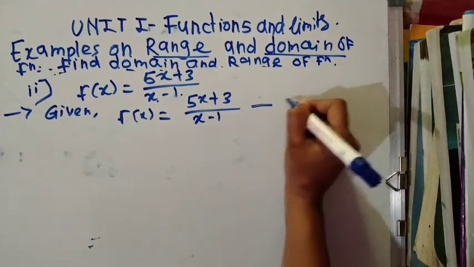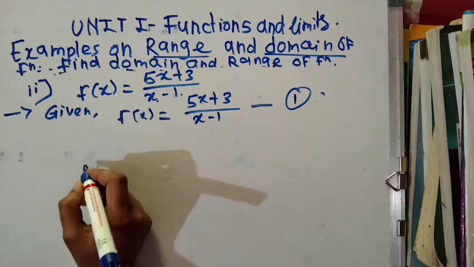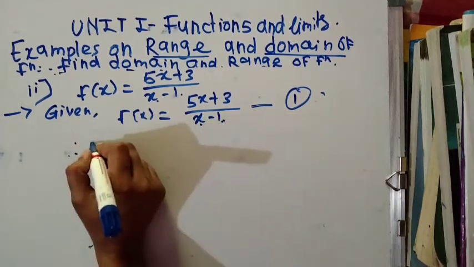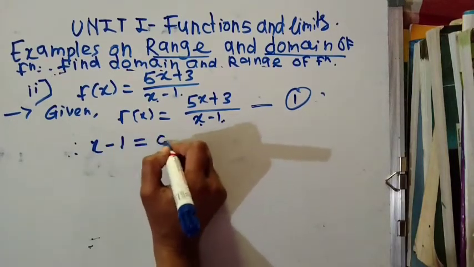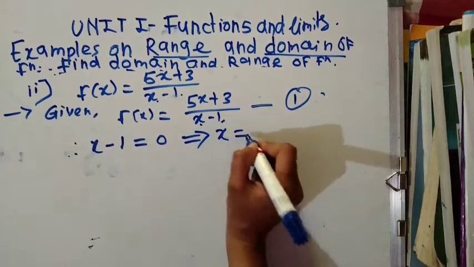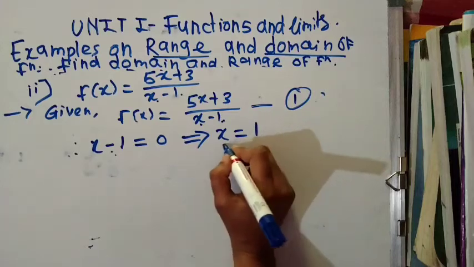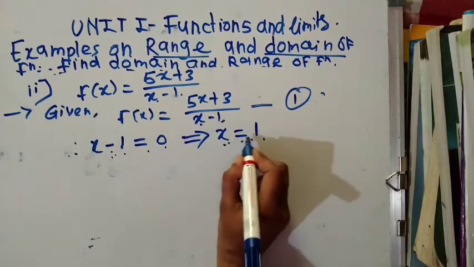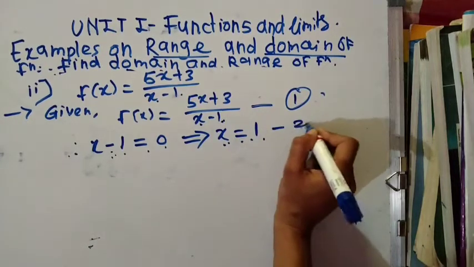It is the first equation. Here we take the denominator x minus 1 equal to 0, so x minus 1 is equal to 0, then x is equal to 1. This is the second equation.